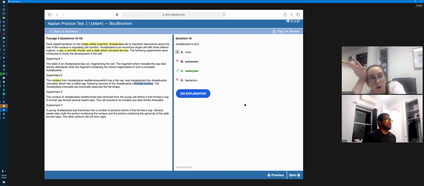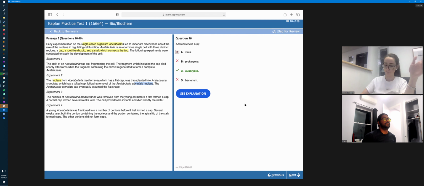And then he gets a normal cap. But if the nucleus is taken out, don't we know that the nucleus makes the cap? So how is he getting a normal cap? So far we know the nucleus of a flat cap guy makes a flat cap.